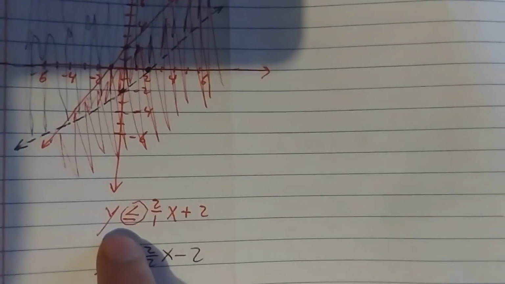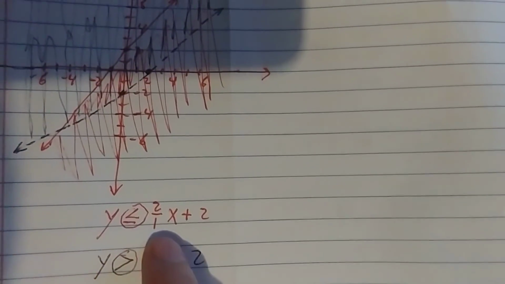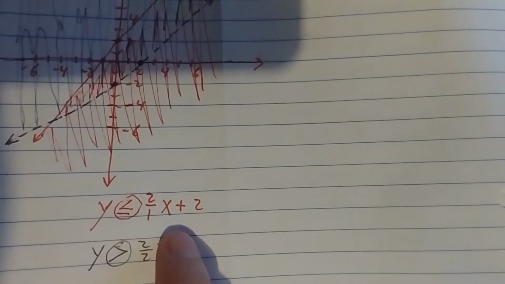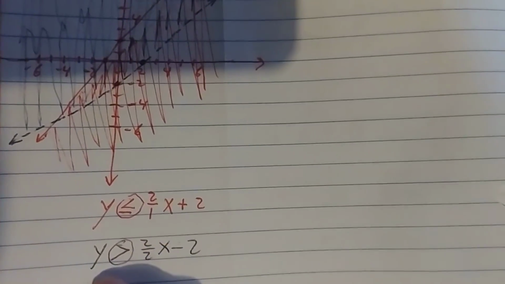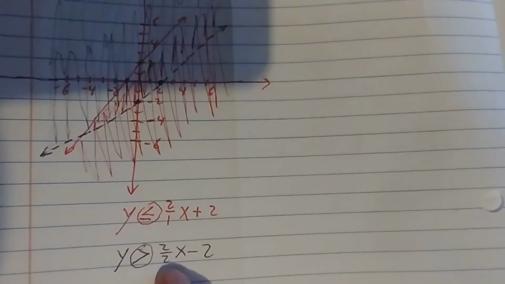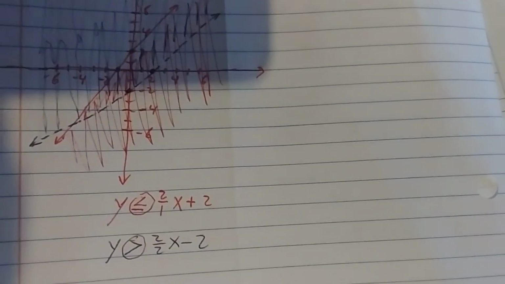Your first inequality is y is less than or equal to 2 over 1 x plus 2. And your black inequality is going to be y greater than 2 over 2 x minus 2.